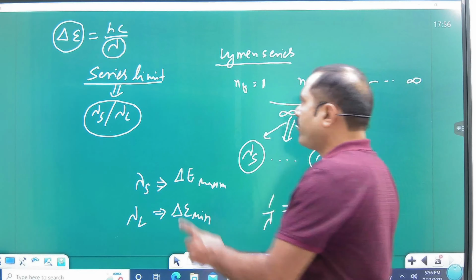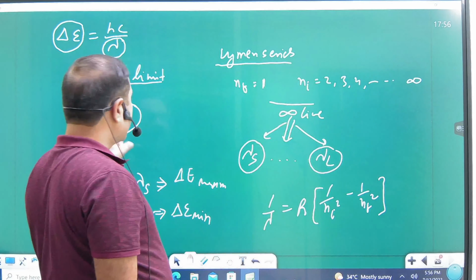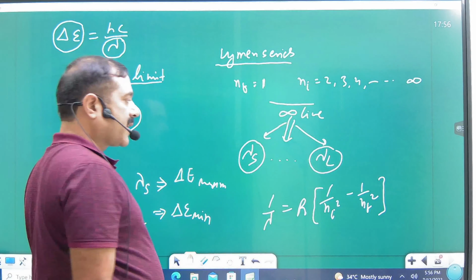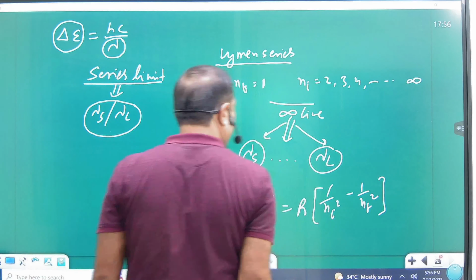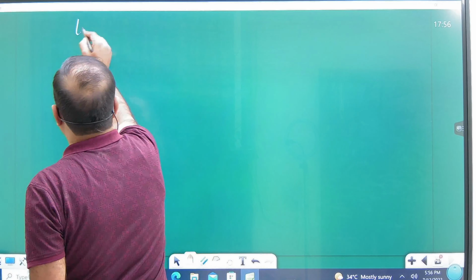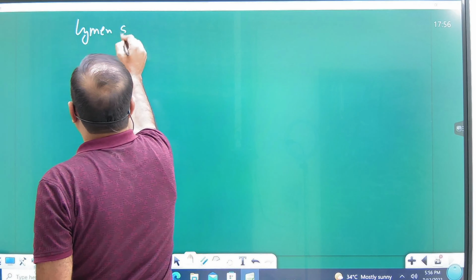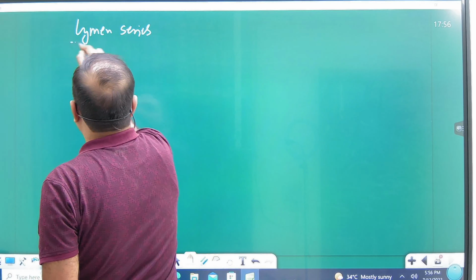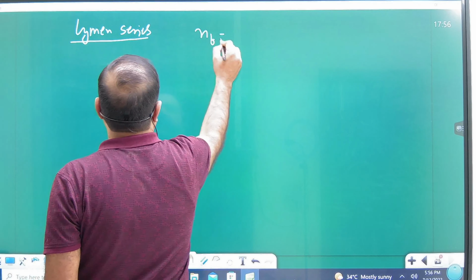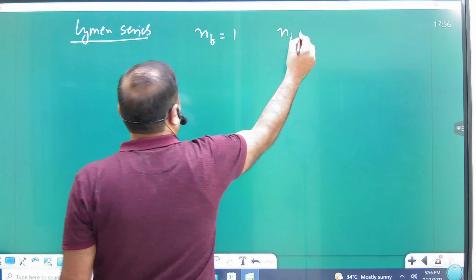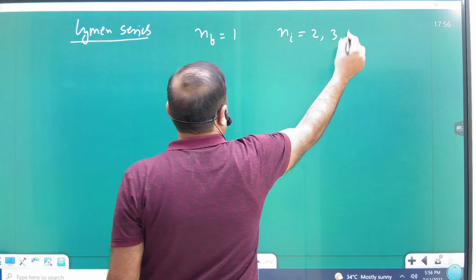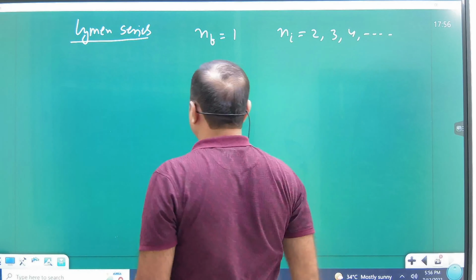So now for Lyman series, what are lambda longest and lambda shortest? Let us consider the case. For Lyman series, n final is equal to 1 and n initial is equal to 2, 3, 4 and so on.